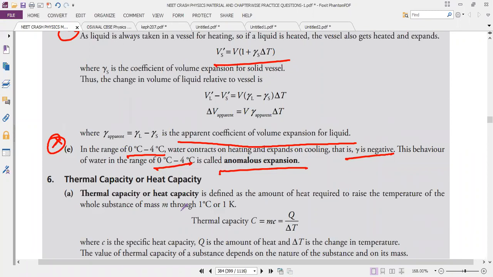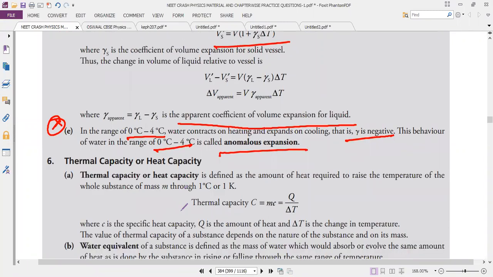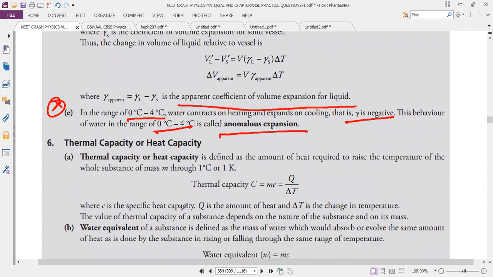That also 1 degree Celsius. So C is equal to Q by del T. Q is the amount of heat, del T changing temperature. The thermal capacity depends upon the nature of the substance and its mass.